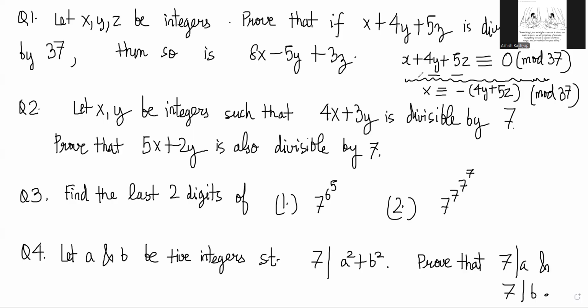So now that we have this, since x is congruent to this, we can replace x here. If you're looking at this number mod 37, we can say 8 times minus 4y minus 5z, minus 5y plus 3z, right? Because we know that x is congruent to this, we have replaced x with that, and we are looking at this mod 37.